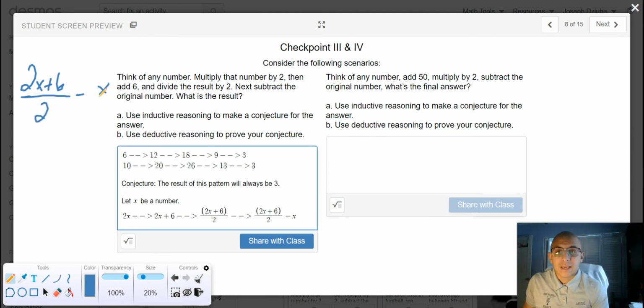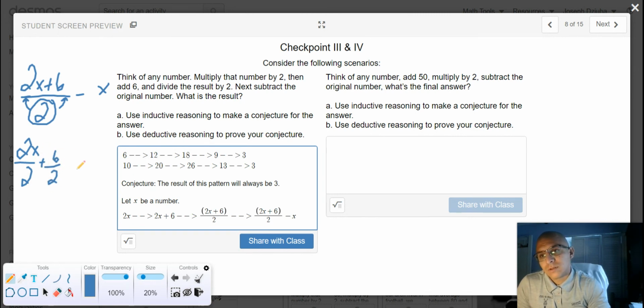Okay. Back in your heyday, when we had a single term in the denominator, we can apply it to both terms in the numerator because that is our least common denominator. So 2x over 2 plus 6 over 2 minus x. These 2's will simplify to a 1, and we're left with x. 6 divided by 2 is 3 minus x.